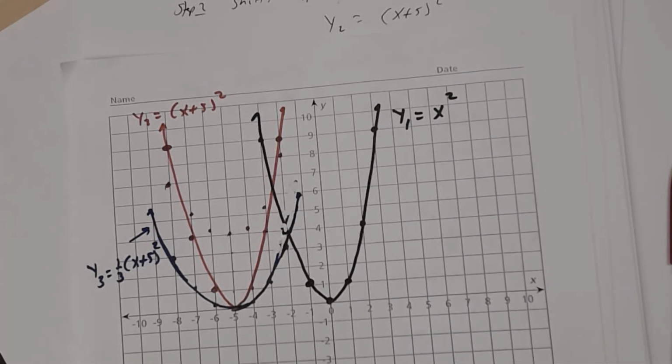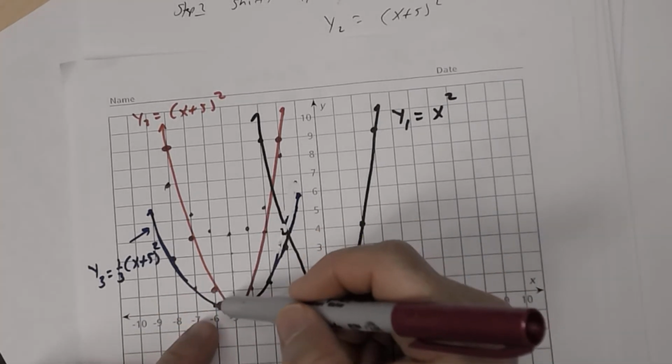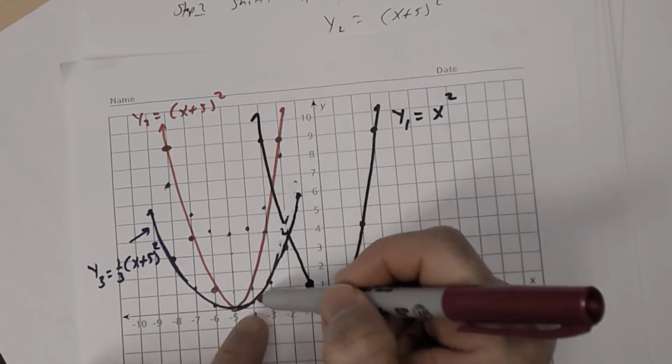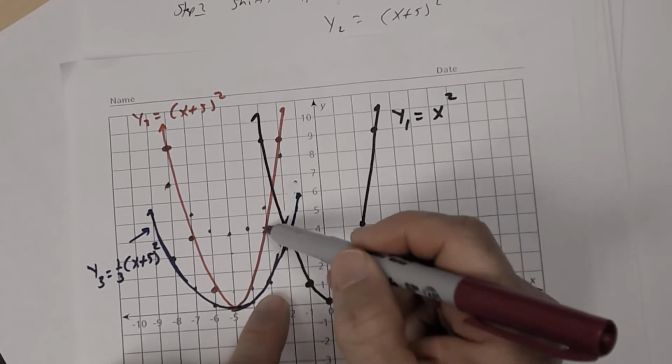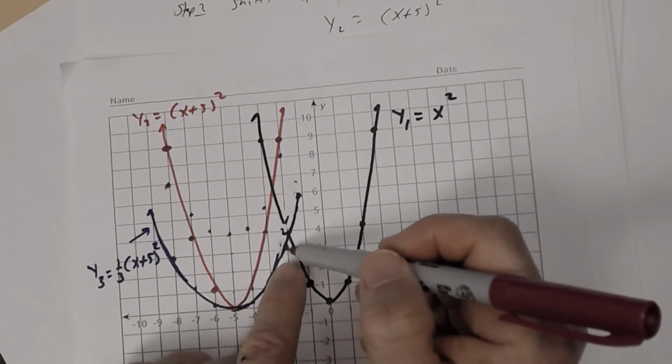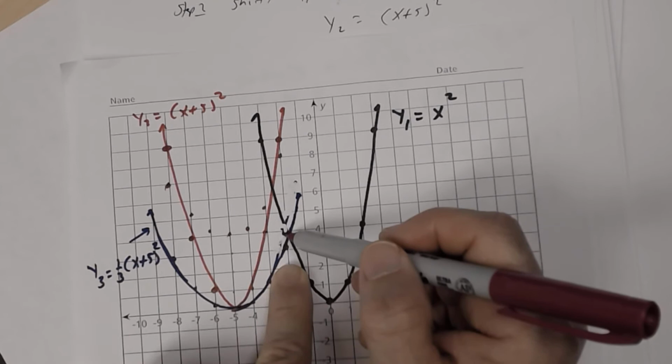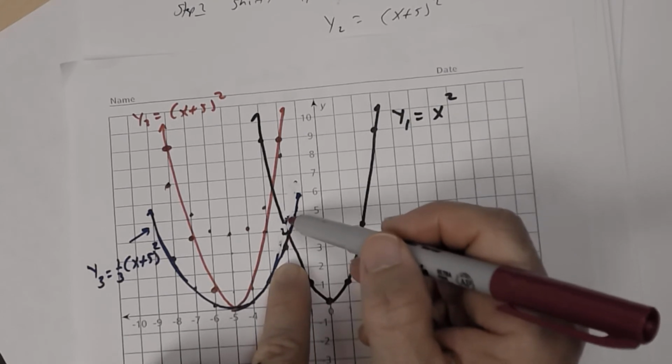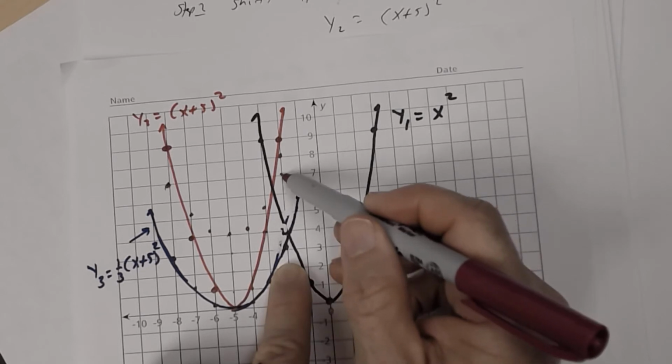And now let's do that next one. There was one more I had to do. So I moved this up 4 units, this up 4 units, this up 4 units, this up 4 units, and then this has to be up 4 units. 1, 2, 3, 4 right here.